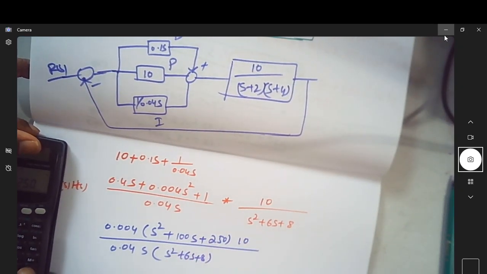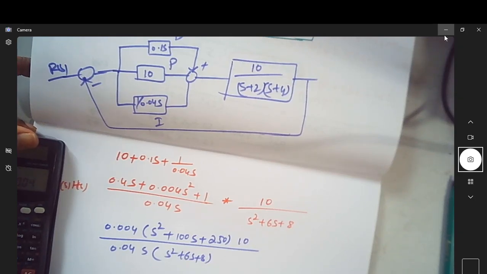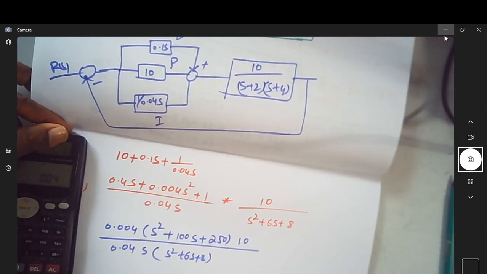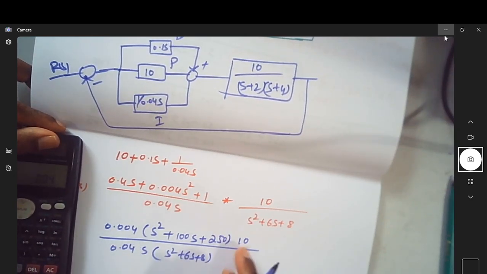So what you have is 10 into 0.004 divided by 0.004. So now do we have a transfer function? This is 0.04, this is also 0.04, so this will go off.